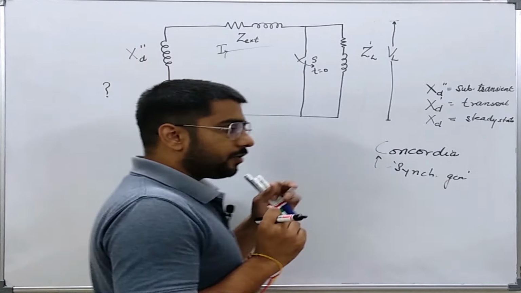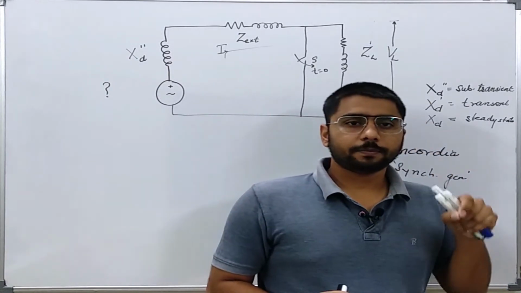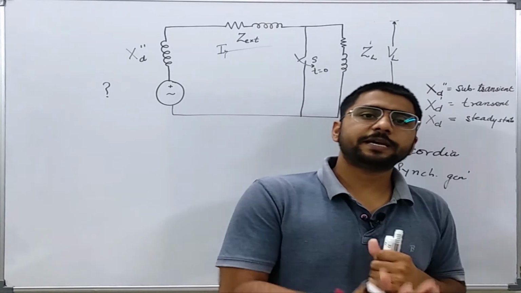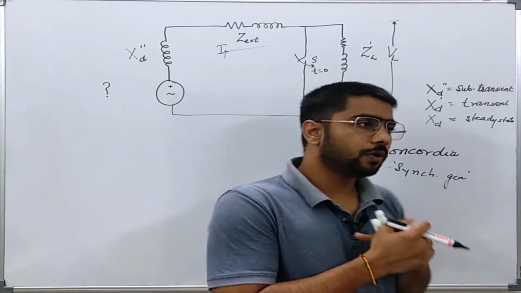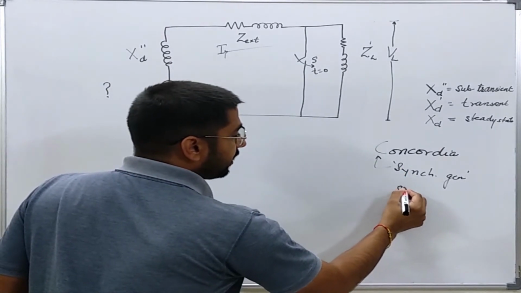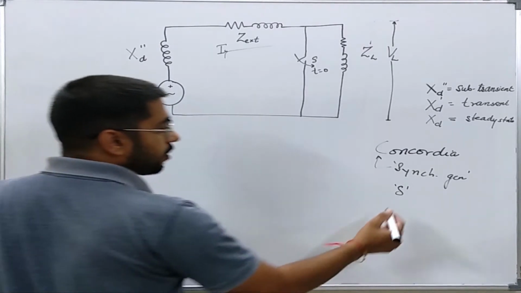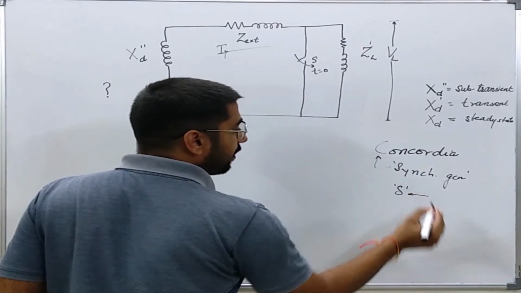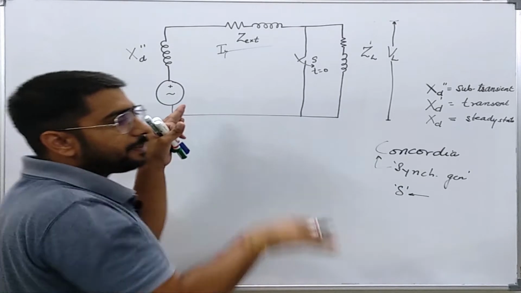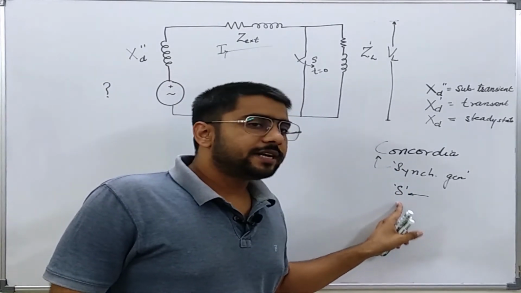So we know that whenever some power is being given by the synchronous generator to the load, there is an angle between the generated voltage and the terminal voltage, usually called delta, and the power transferred between the two terminals is controlled by this delta also.